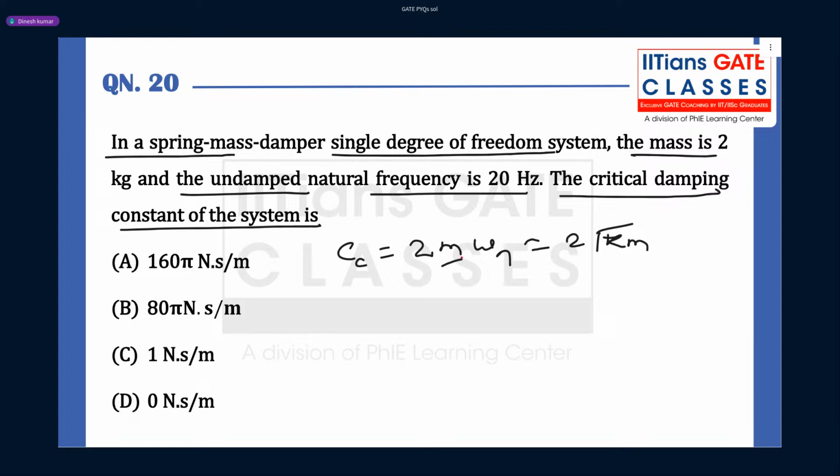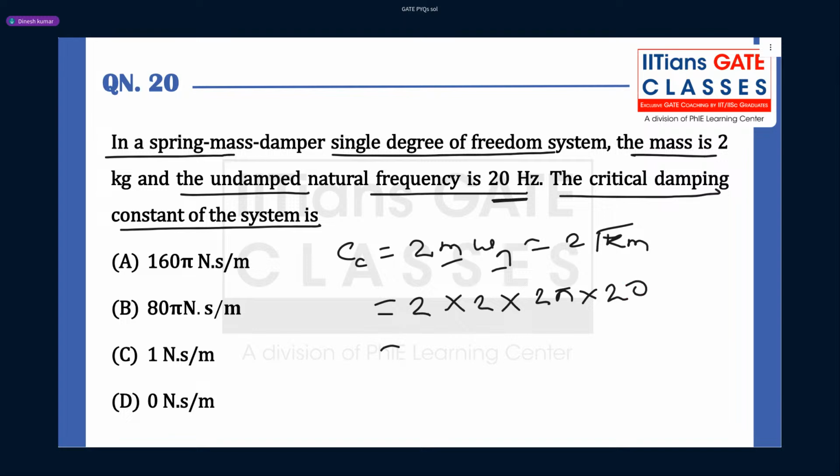Now in this given question, the mass is given and the natural frequency is given. But the natural frequency is given in hertz. So we need to first convert this from hertz to radian. When you convert hertz to radian, you need to multiply by 2 pi. So everything is given. What is the mass? It is 2 kg. What is omega n? It will be 2 pi f, where the frequency is given in hertz, it is 20.